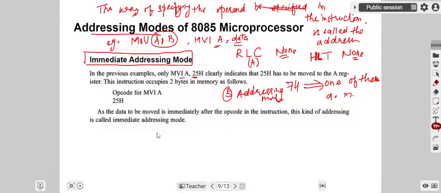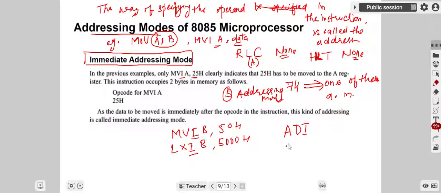So whenever you see this kind of instruction, MVI B comma 50H, LXI B comma 5000H, whenever this I has been provided with the instruction, it means that this is an immediate kind of instruction.